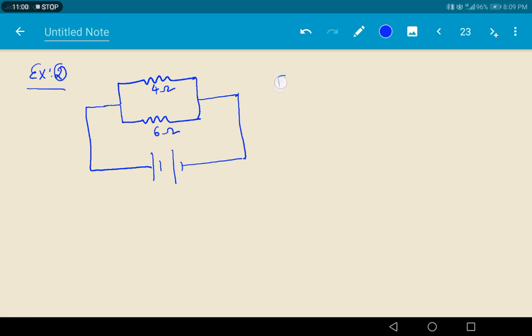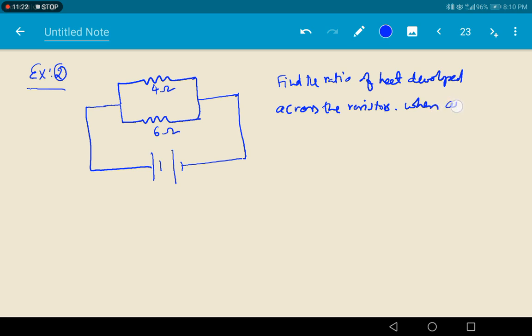Write the question: find the ratio of heat developed across the resistors when current passes for 2 minutes. So now here comes the problem.